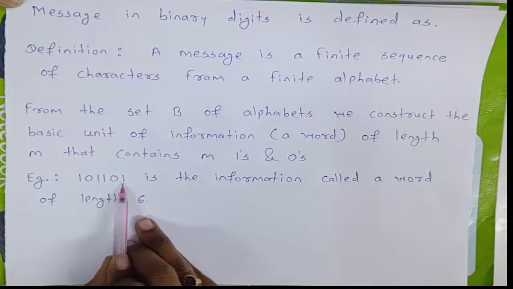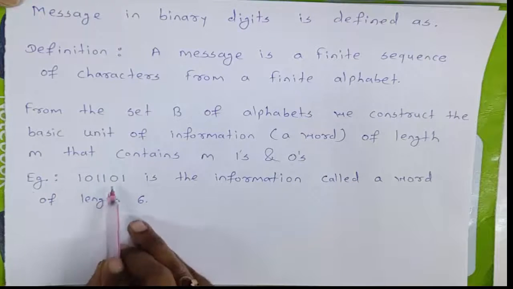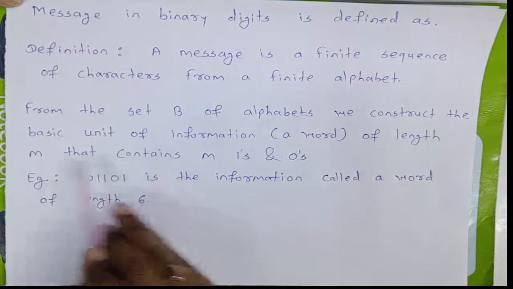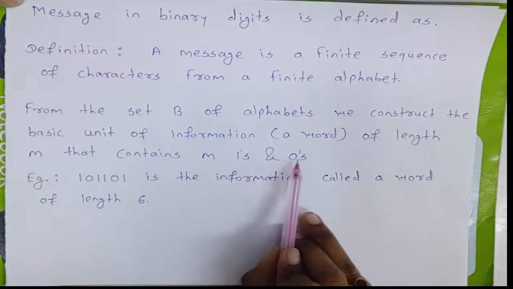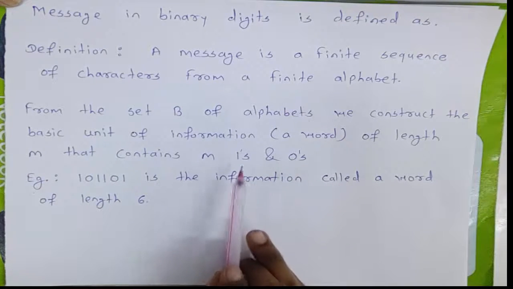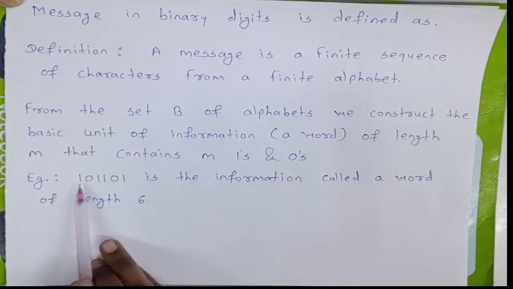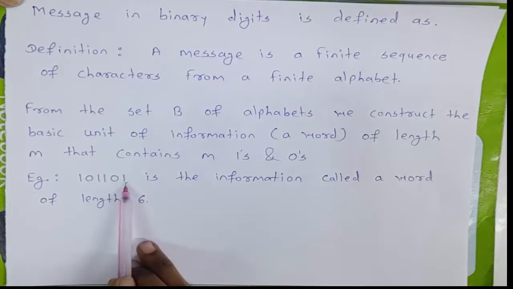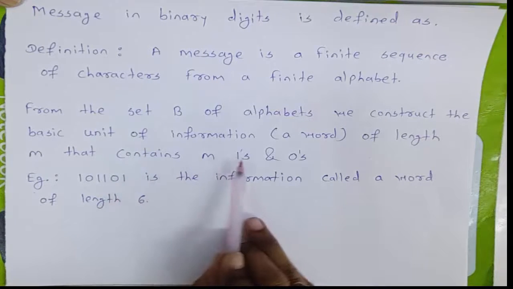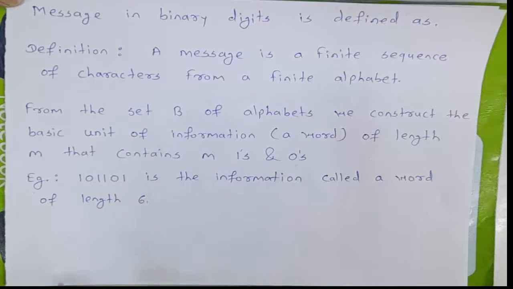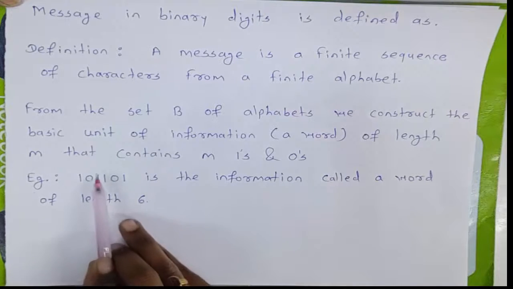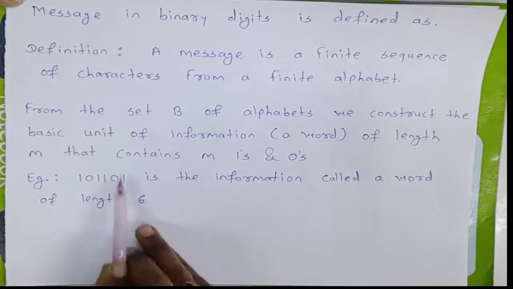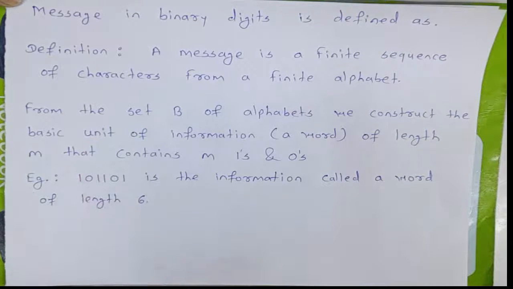To find its length, count the number of zeros and ones: 1, 2, 3, 4, 5 and 6. There are 6 ones and zeros, therefore the length of this word is 6.